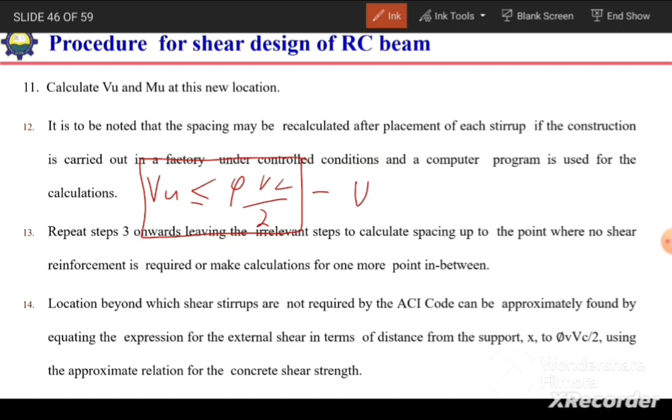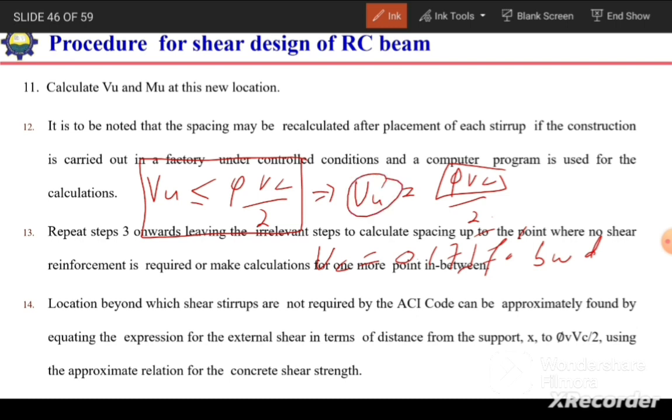So we can say that VU is equal to phi VC divided by 2, and to calculate this phi VC or VC, we can use the approximate relation 0.17 square root fc prime bw d, because at that location we don't know the actual value of the moment.